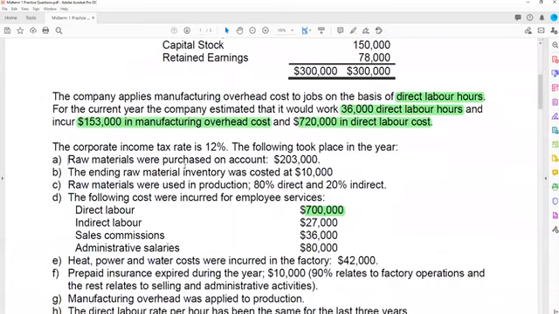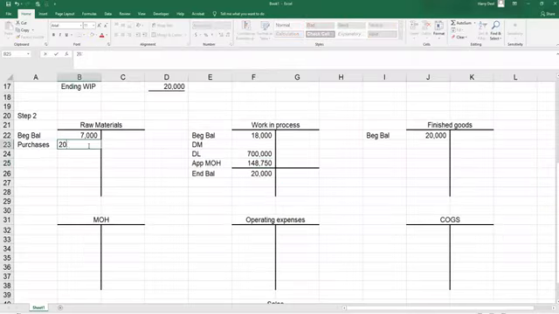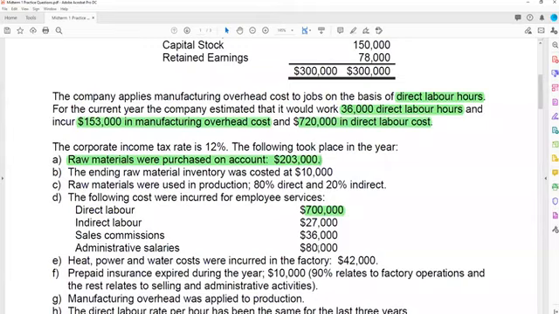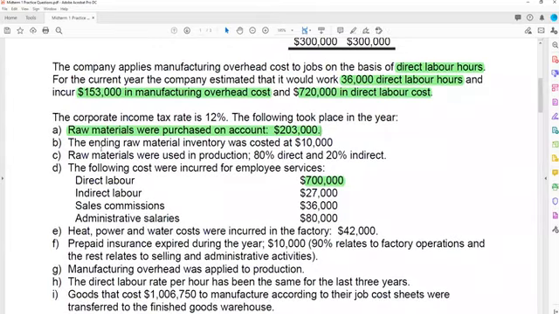Raw materials were purchased on account, 203,000. So add raw materials purchased, $203,000. The ending raw materials inventory was costed at 10,000.